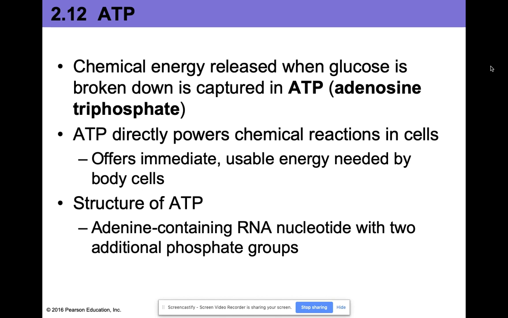So triphosphate is 3 phosphates. As you remove each of those phosphates, you're actually releasing a large amount of energy that helps to drive chemical reactions. So the structure of ATP is an adenine-containing RNA nucleotide. That's why it's under the umbrella category of nucleic acids, because it's actually like a derivative of RNA.